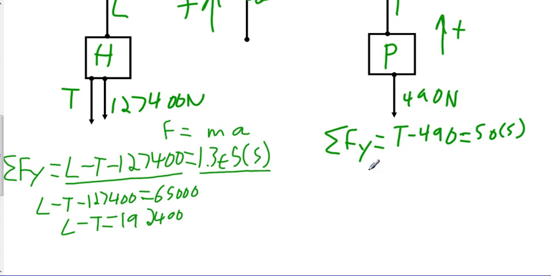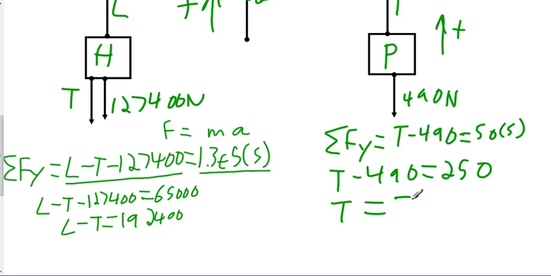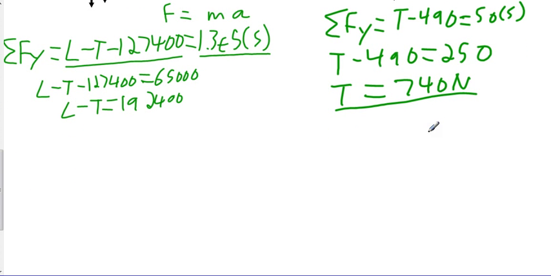So now when we work out the math here, we have T minus 490 is equal to 250. And so we add the 490 to both sides, so T is equal to 740 newtons. So we know the tension in the cable is 740 newtons.